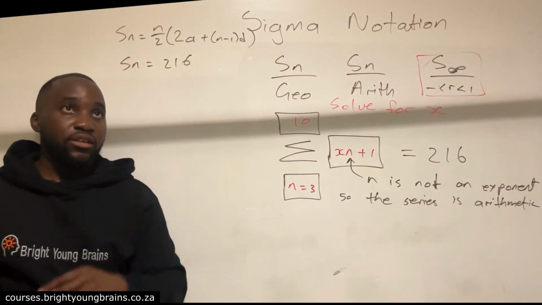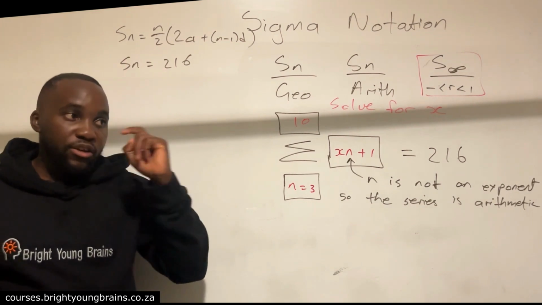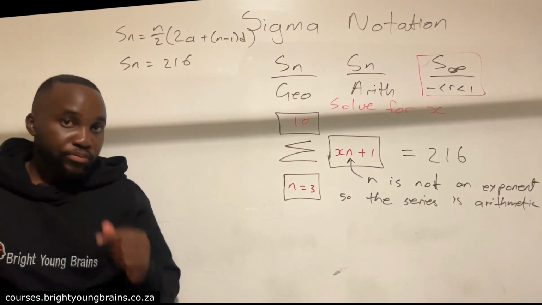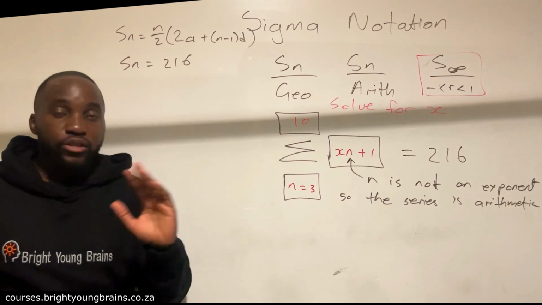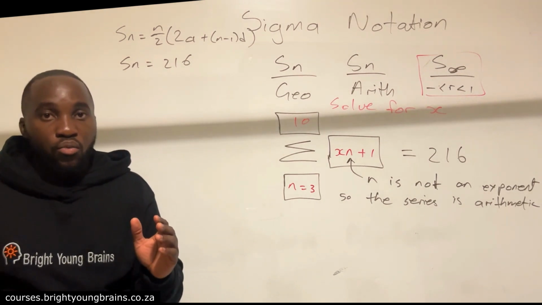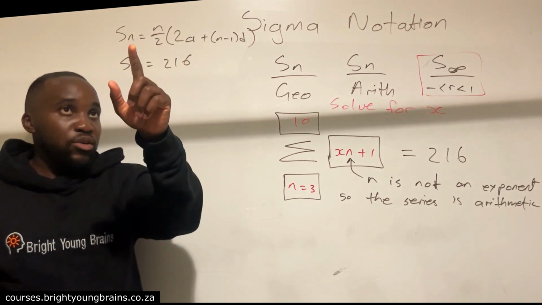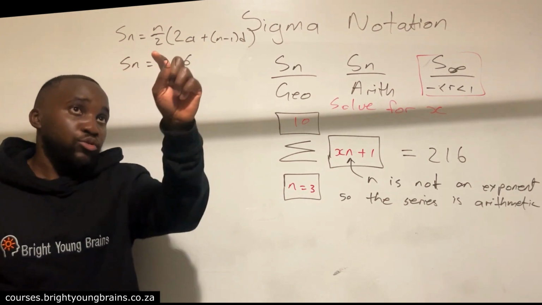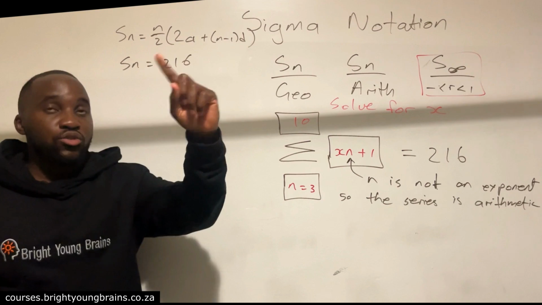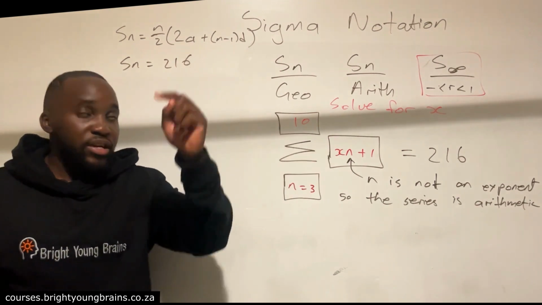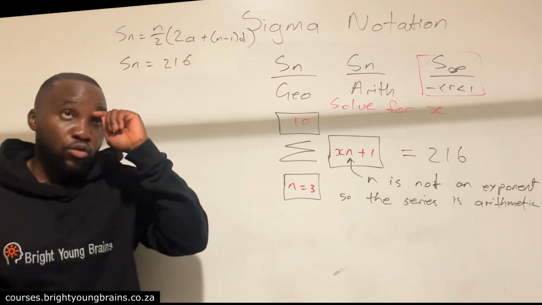Remember, if they ask us to solve for x, we still look at everything as though we are dealing with a normal sigma notation question. Sn we have a value for. As you put values into this formula, x will be there somewhere, and then you'll be able to solve for x.